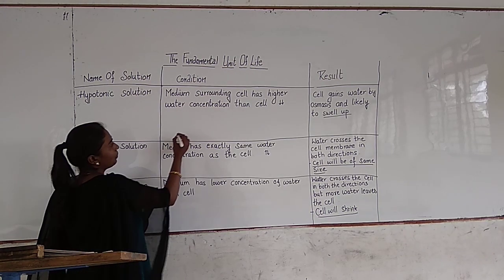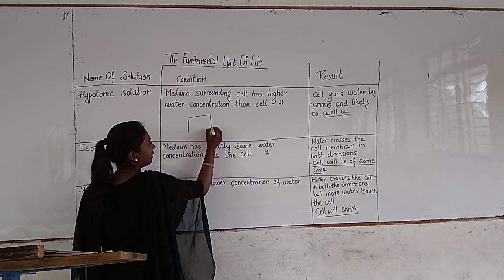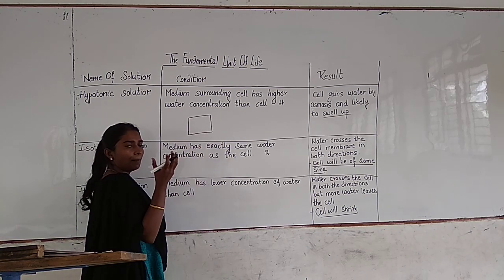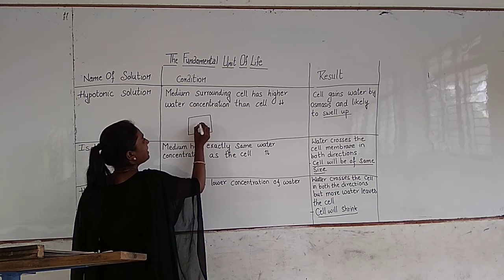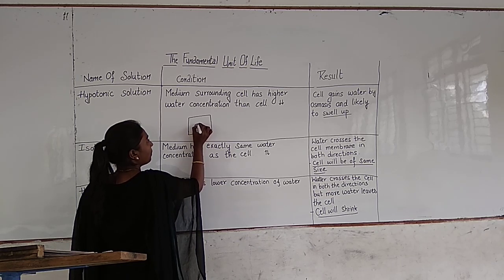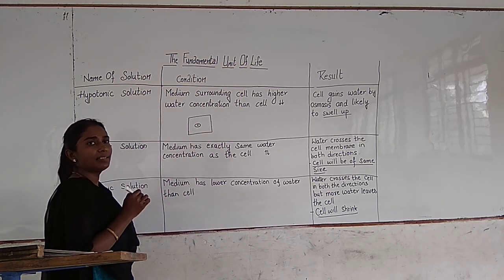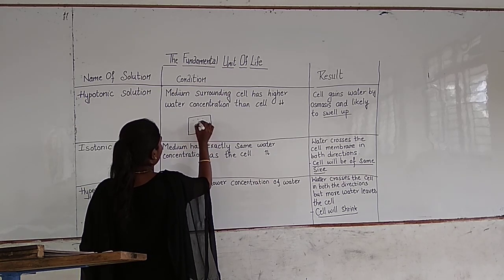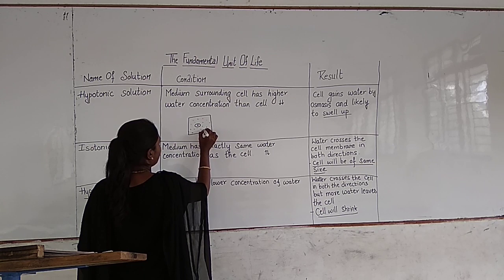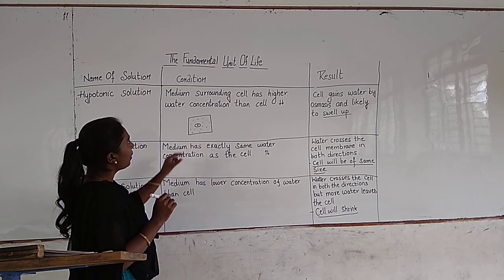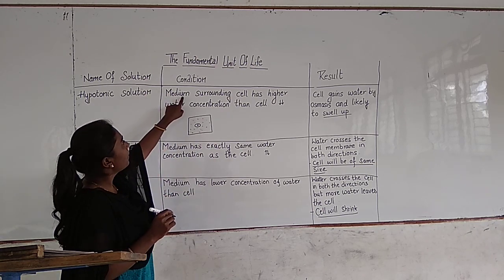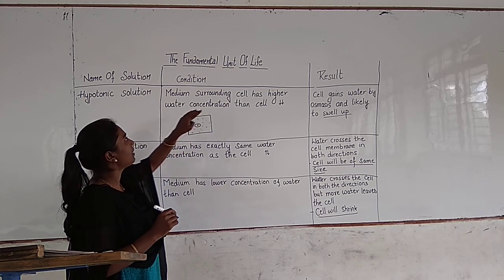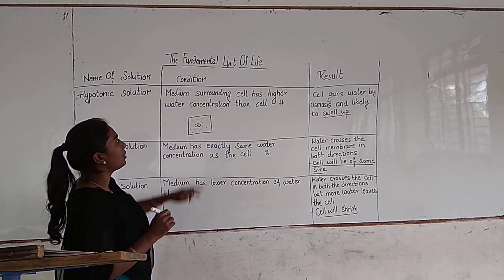As I said, you take a plate or a bowl and place a single cell in it. This is the water. Now what will happen? The medium surrounding the cell has higher water concentration than the cell.